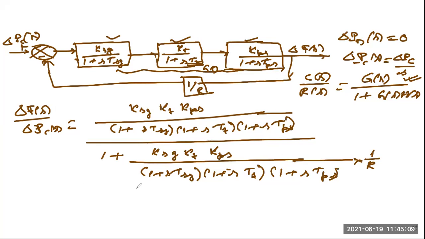So now we'll simplify. See the numerator and denominator, this will cancel. But R will be there. R is extra. So R will be in the numerator.